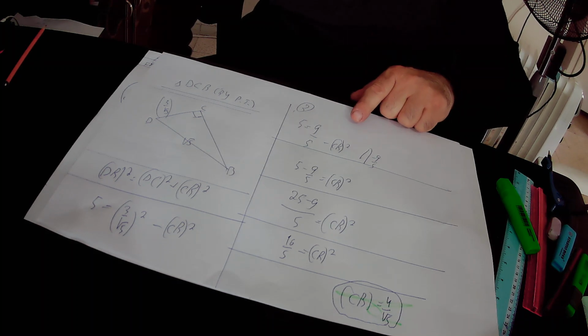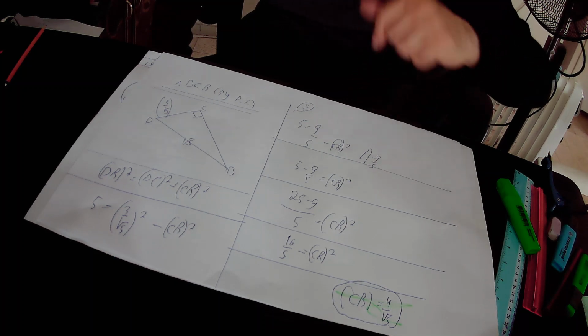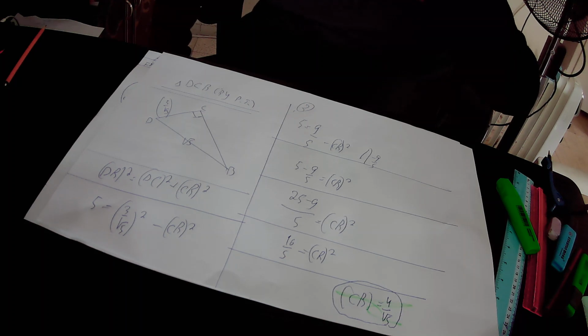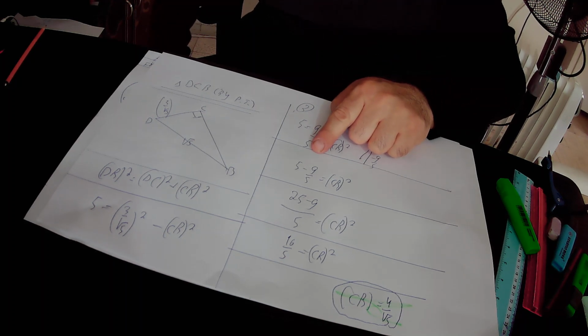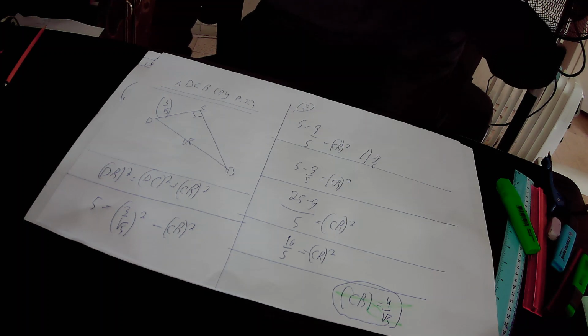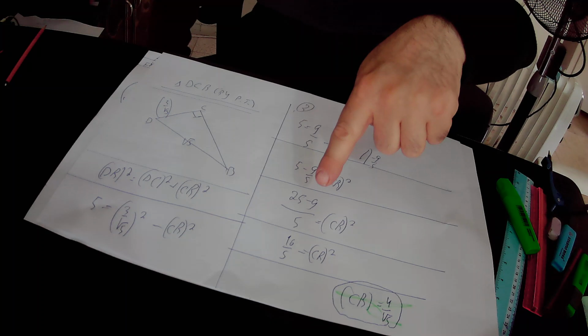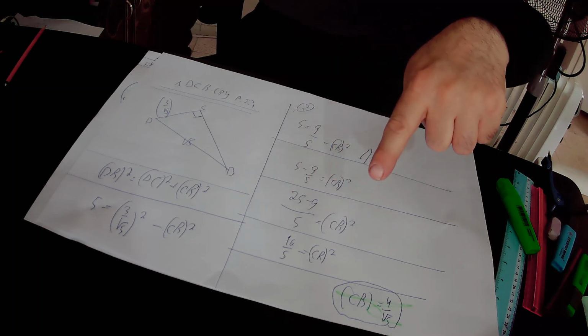Here we subtracted 9/5 from this equation, and finally found that 5 minus 9/5 equals CB squared. Here we multiplied 5 by 5 and then divided by 5 in order to overcome the fraction with 9 over 5. So 5 times 5 is 25. So in the numerator we have 25 minus 9, divided by 5, equals CB squared. 25 minus 9 is 16. So in total, this expression equals 16 over 5, that is equal to CB squared.